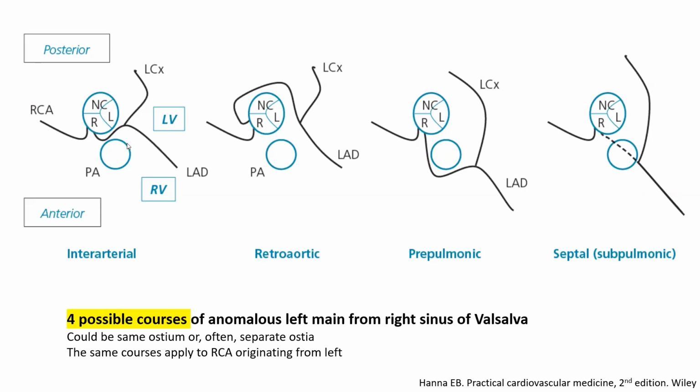Okay? Those anomalous courses apply not just for anomalous left coronary from the right, they also apply for an anomalous right coronary from the left coronary sinus of Valsalva.